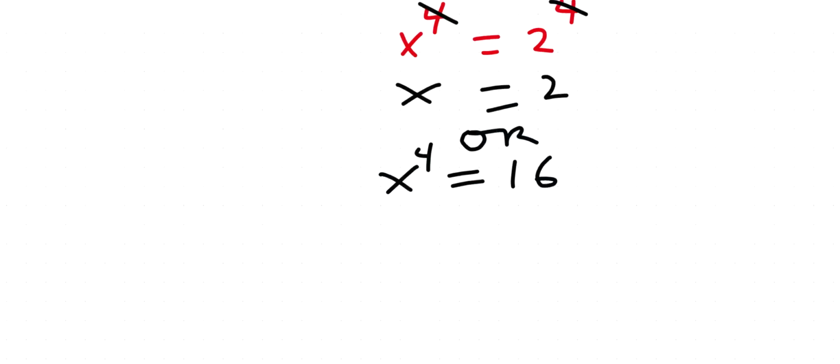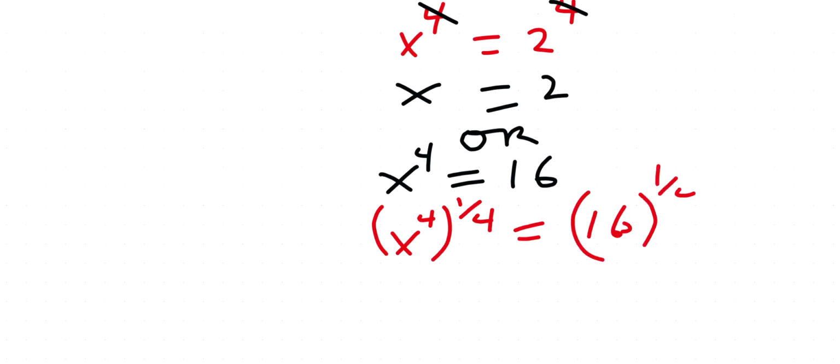This is the same thing as x raised to power 4 multiplied by the inverse of 4, which is 1 over 4, equal to 16 raised to power 1 over 4. Whatever you do to the left, you do it to the right. And from here, like I did all the time, the 4 here we cancel, you have x raised to power 1, so 16 raised to power 1 over 4.